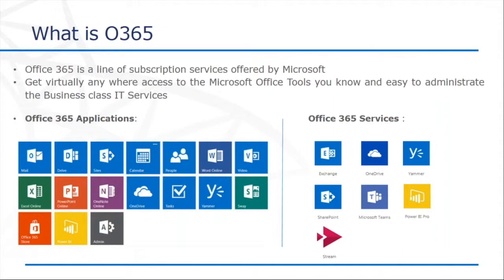And when I talk about services, it's Exchange and OneDrive. Yammer is for social collaboration, which nowadays everyone is well versed with. And SharePoint, Power BI Pro, and Stream is for video demos, and Microsoft Teams.